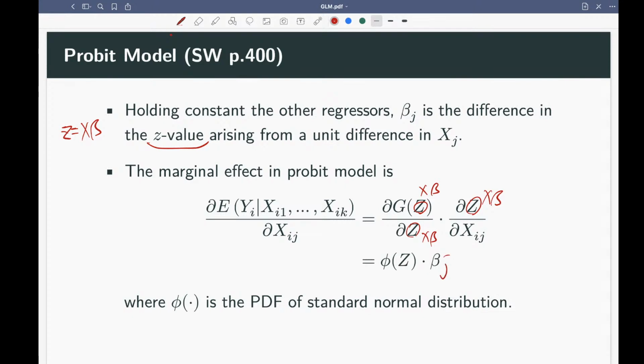And for the CDF, when you do the derivative, you get the PDF. CDF derivative is PDF. PDF integral is CDF.